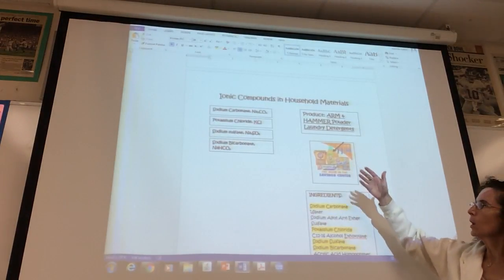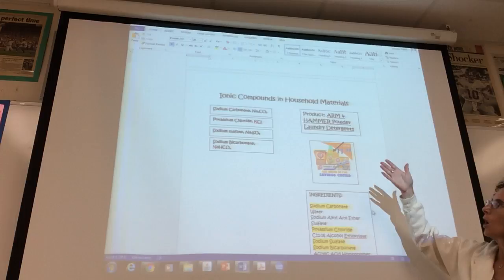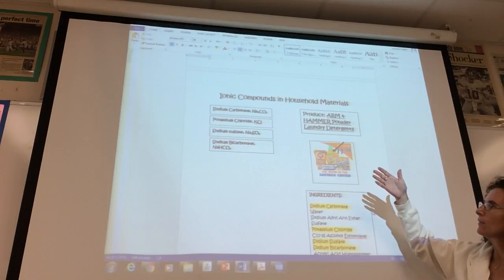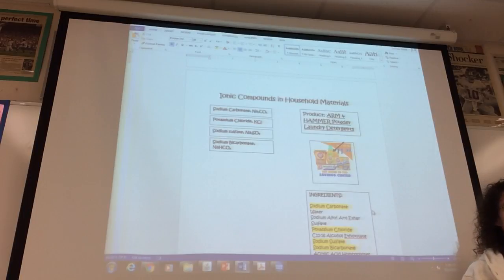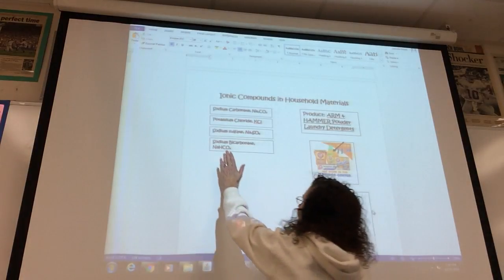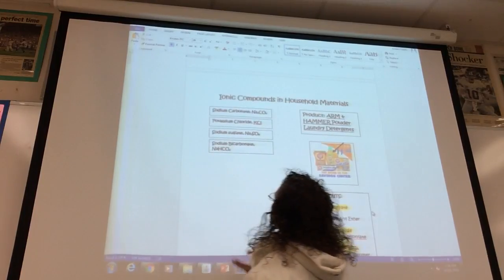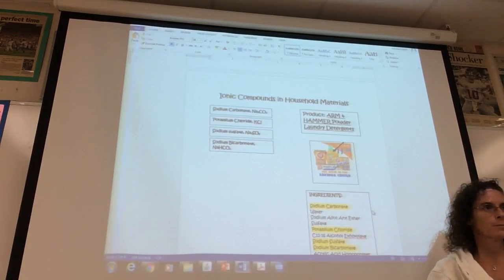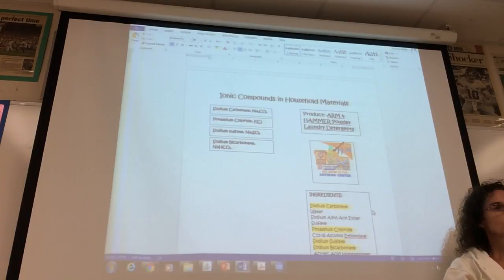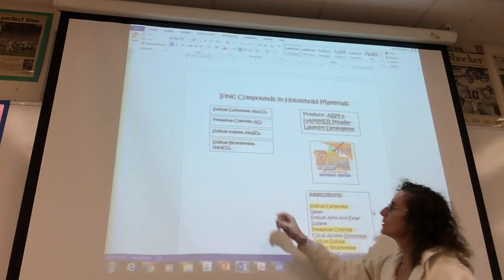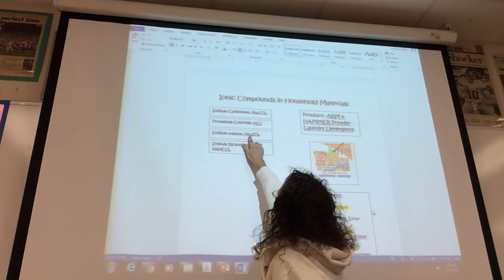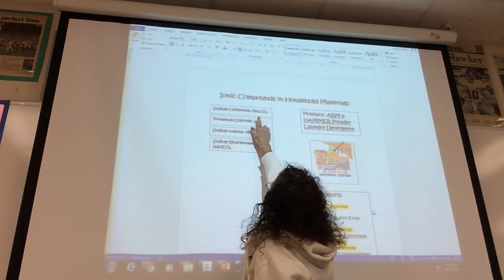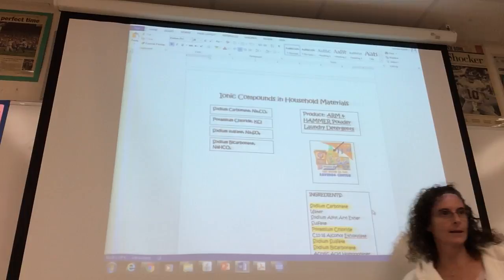The other components listed there, sodium carbonate, sodium sulfate, and sodium bicarbonate, are all ionic as well. An ionic compound has a metallic cation and a non-metallic anion. But what you see in those 3 examples, here you have 1, 2, 3, 4 atoms, 1, 2, 3 atoms, 1, 2, 3 atoms.